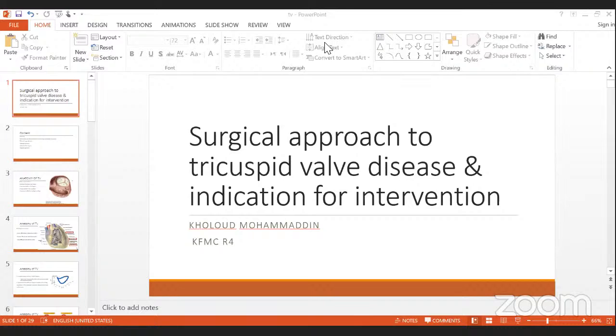However, the literature shows repair is better than replacement in many regards, unless you really need to do replacement for a different reason. Another point regarding replacement is mechanical versus tissue. Tissue is more common. However, there is a good series, and some surgeons prefer mechanical.